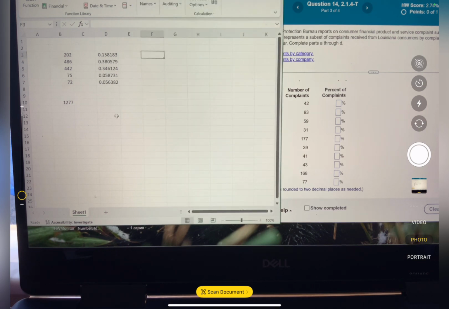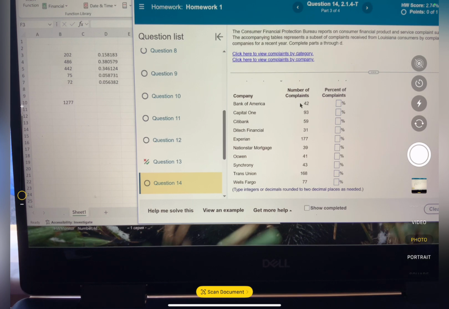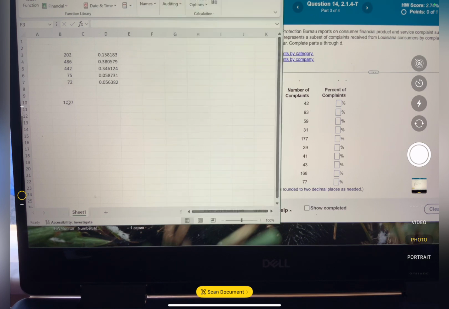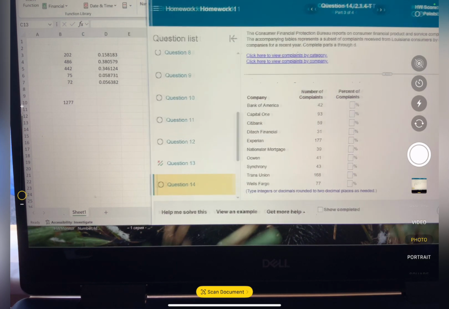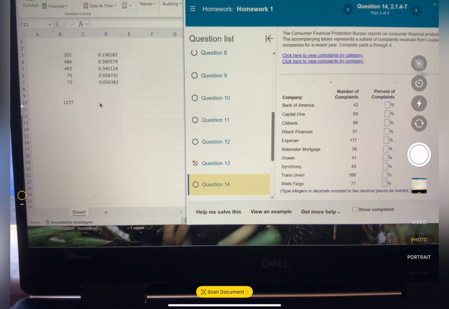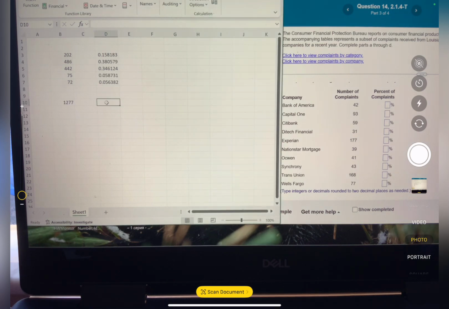I need to move these numbers. 42, 93. I'll show just a portion of it.